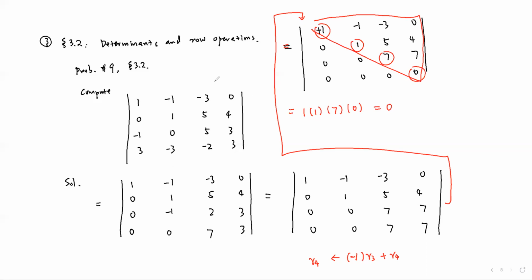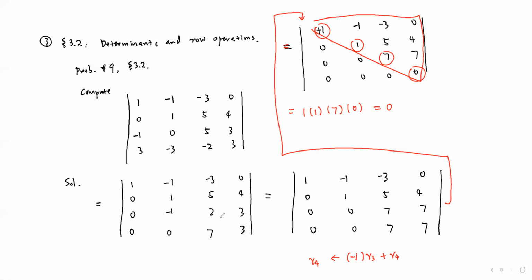So the value of the determinant is 0. In other words, the matrix is a singular matrix. The matrix has no inverse. Just refresh your memory: here, I didn't interchange two rows. When you interchange two rows, remember to add a minus sign.